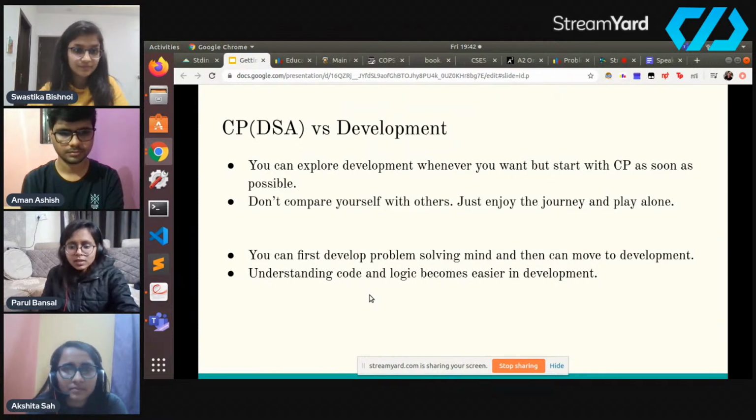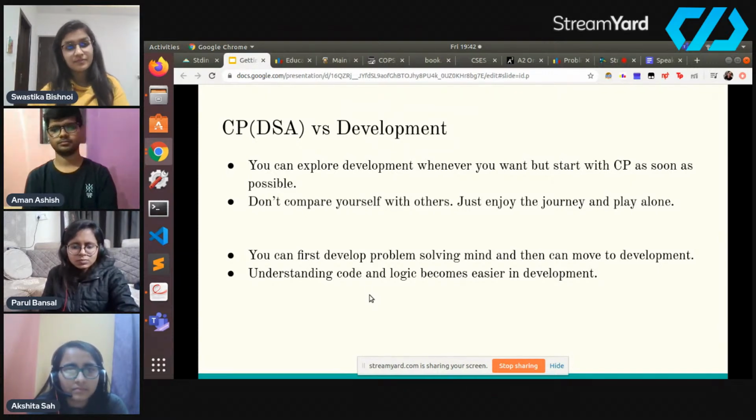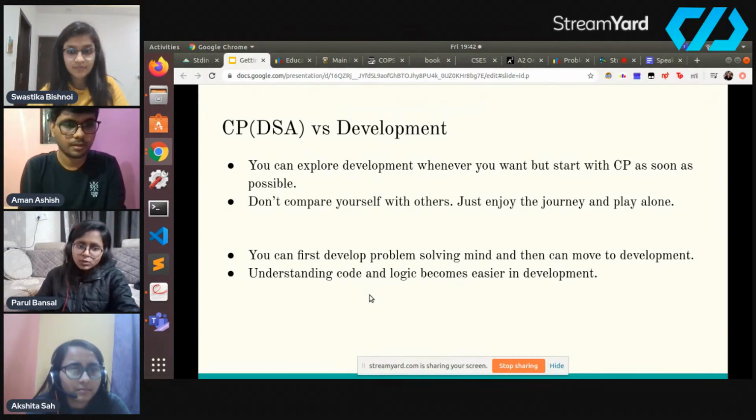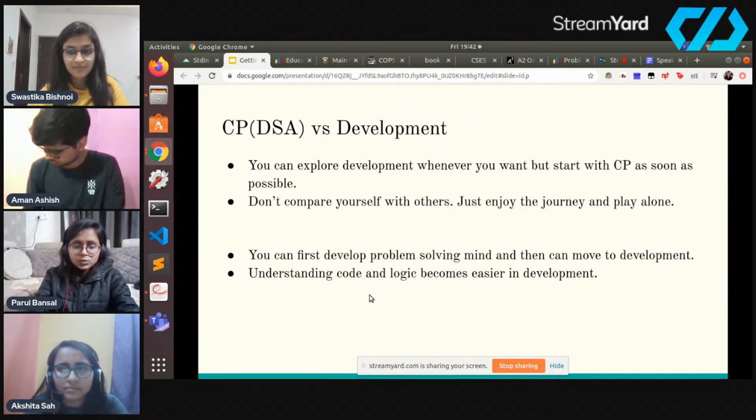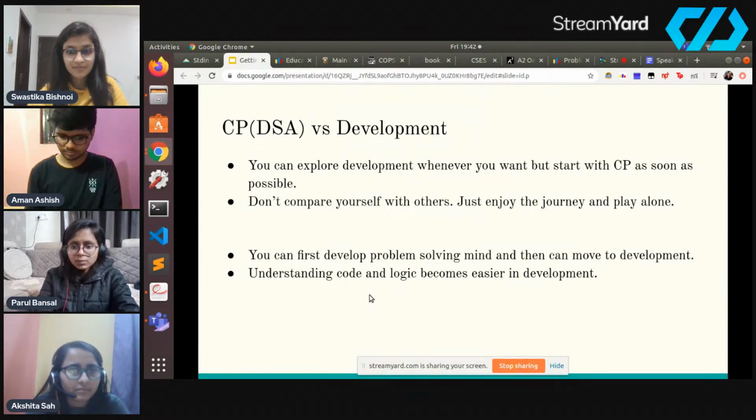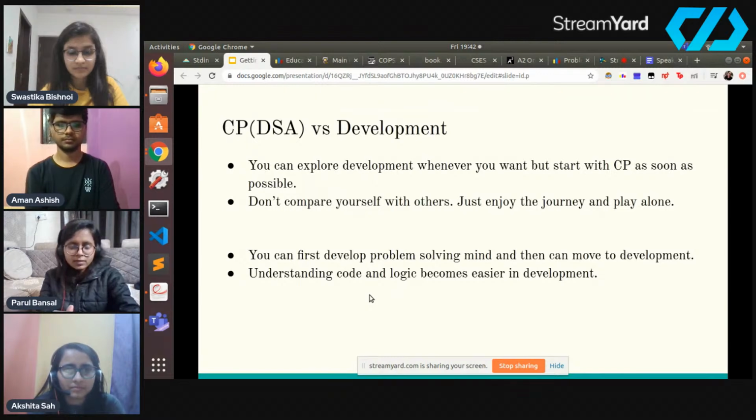Because in development you see results very quickly, so students are attracted towards it. But eventually, in both, you learn problem solving only. By doing CP, you develop a problem-solving mind, and then if you move to development, it really helps in understanding code and logic. Due to these reasons I feel that you should start CP first and then move to development.